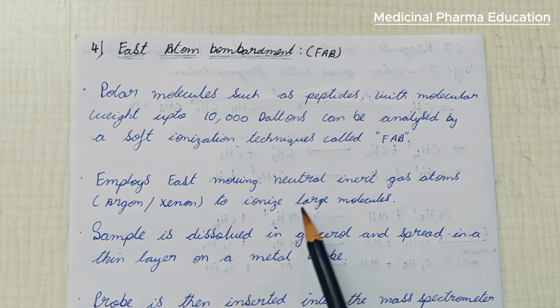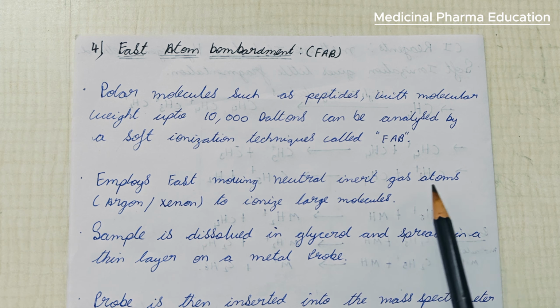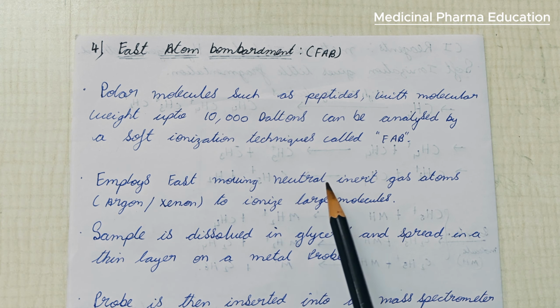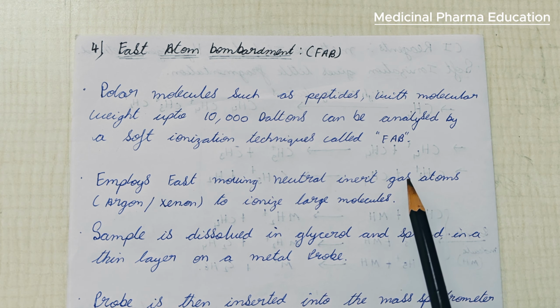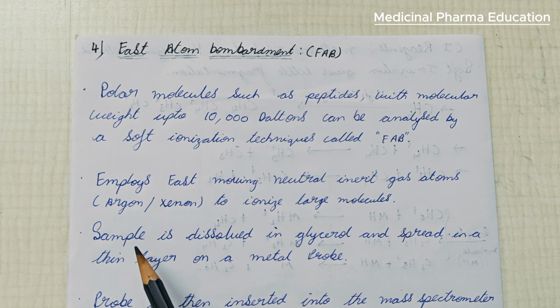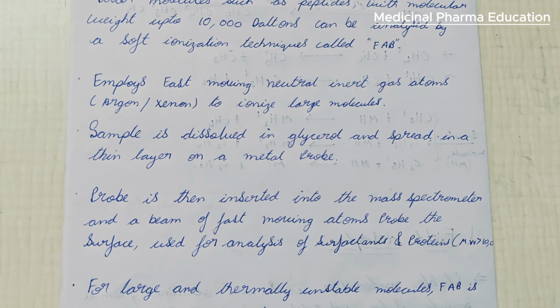Here the ion source is fast moving neutral inert gas atoms, neon and argon. The sample is dissolved in glycerol and sprayed in a thin layer on a metal probe.